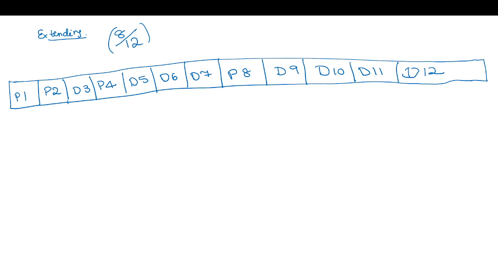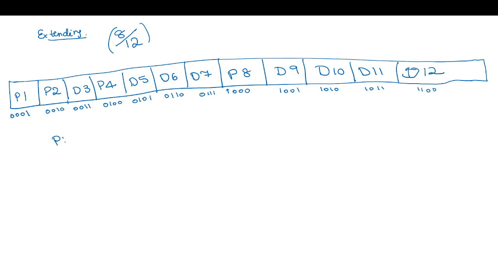So with the place values 5, 6, 7, 8, 9, 10, 11 and 12.